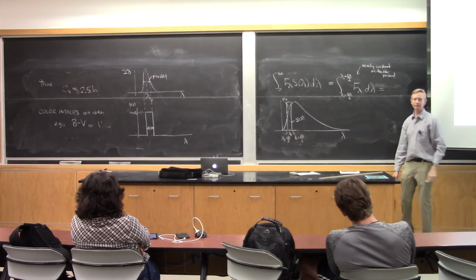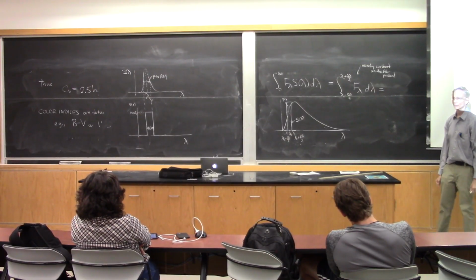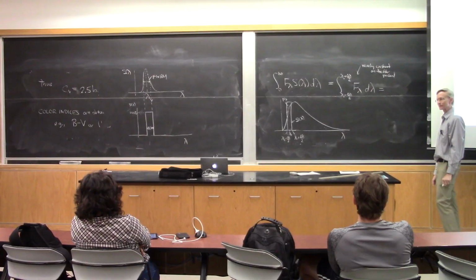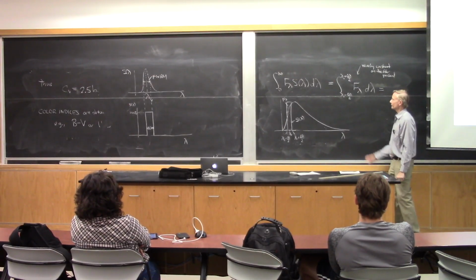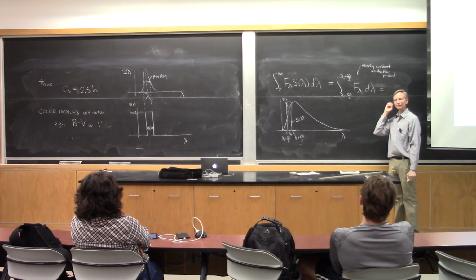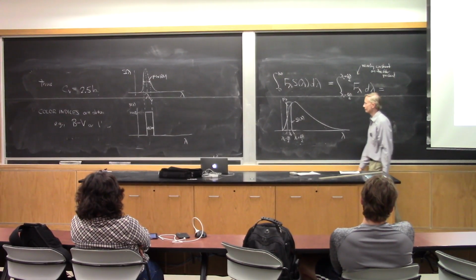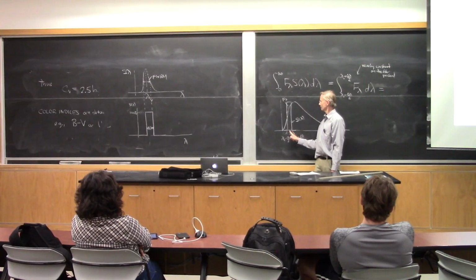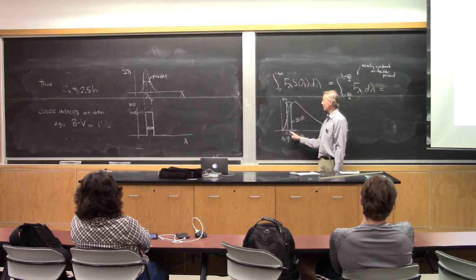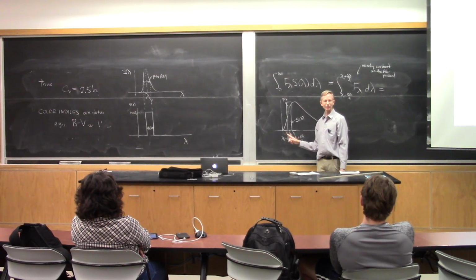So what do I do next? Say that it is constant. So what would the constant value be, roughly? I'm taking f lambda out. What value of f lambda should I use? F lambda is a function of wavelength.